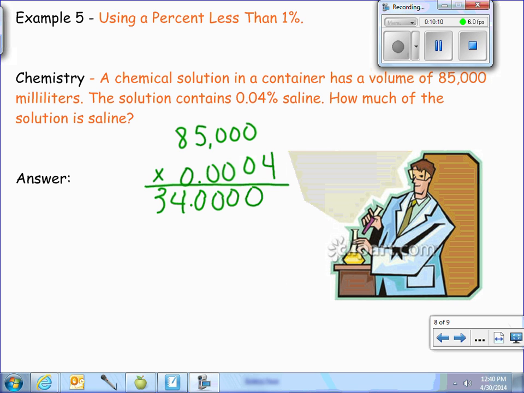So you set up 85,000, and if 0.04% of it is saline, multiply it. If you'd like to also just take 85,000 and multiply it times 4, then move the decimal place to the left 4 places, because that's how many decimal places are in the factor. You can do that as well. So the answer is 34 milliliters.